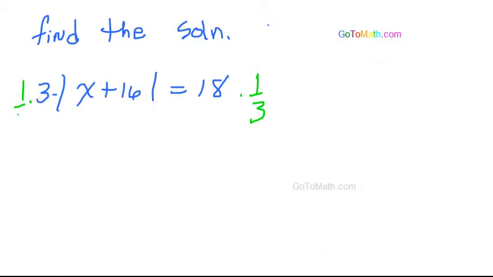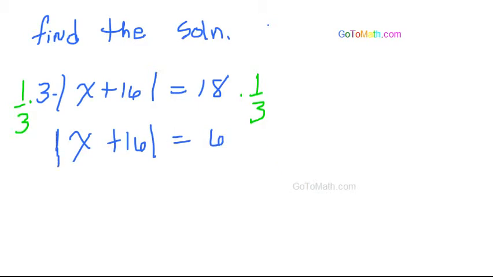So we've got 1/3 times 3, so that cancels out to be a 1 there. And so we have the absolute value of x plus 16 is equal to, and of course 3 goes into 18, 6 times.